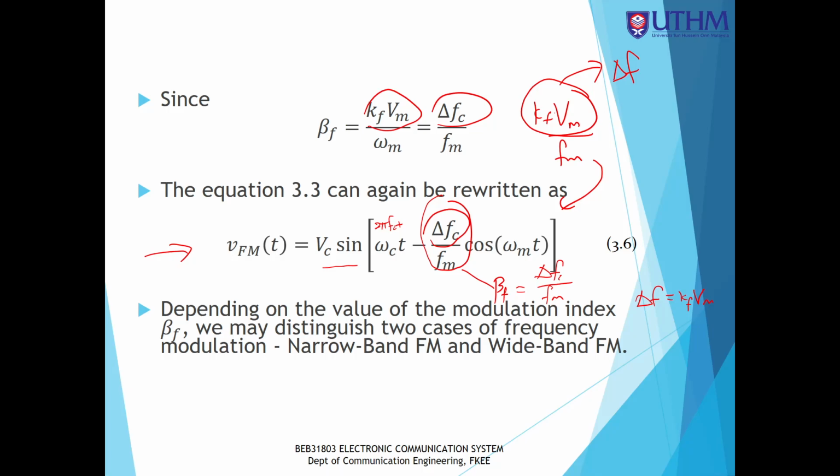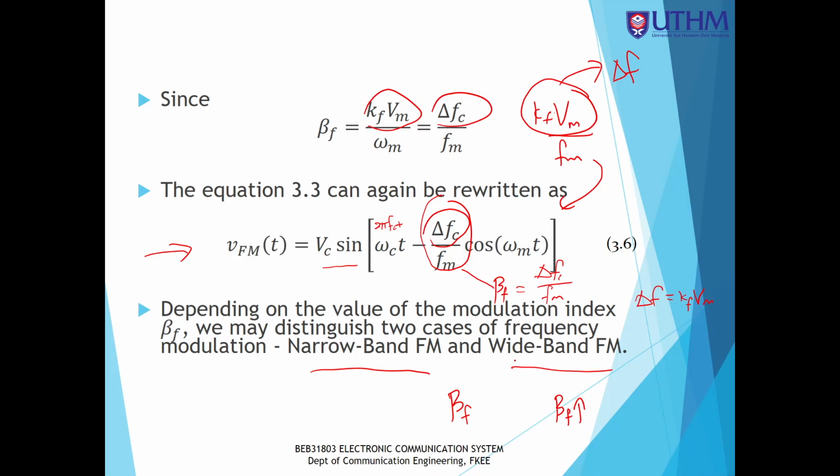Depending on the value of the modulation index beta F, we may distinguish two cases of frequency modulation: narrowband FM and wideband FM. Narrowband and wideband depend on the value of beta F. The higher the value of beta F, the more it causes wideband FM.